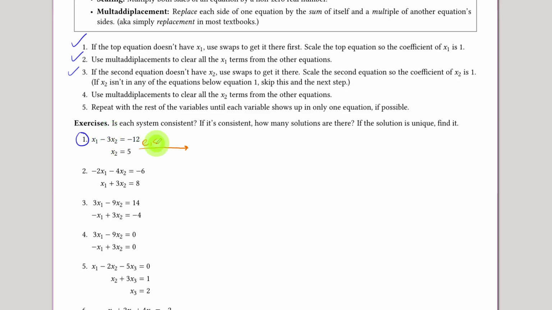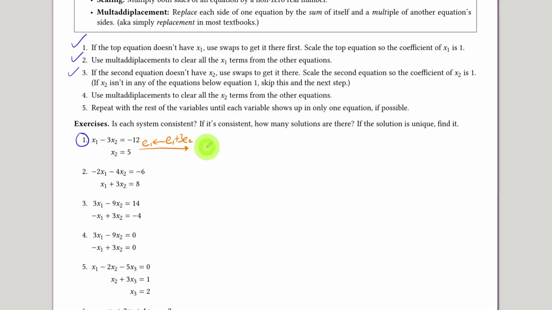So equation 1 will now be equation 1 plus 3 times equation 2, and equation 2 is going to be left alone. I want to emphasize it's a good idea to write the whole system with every step. So don't just leave equation 2 hanging out over here, but write the whole system.